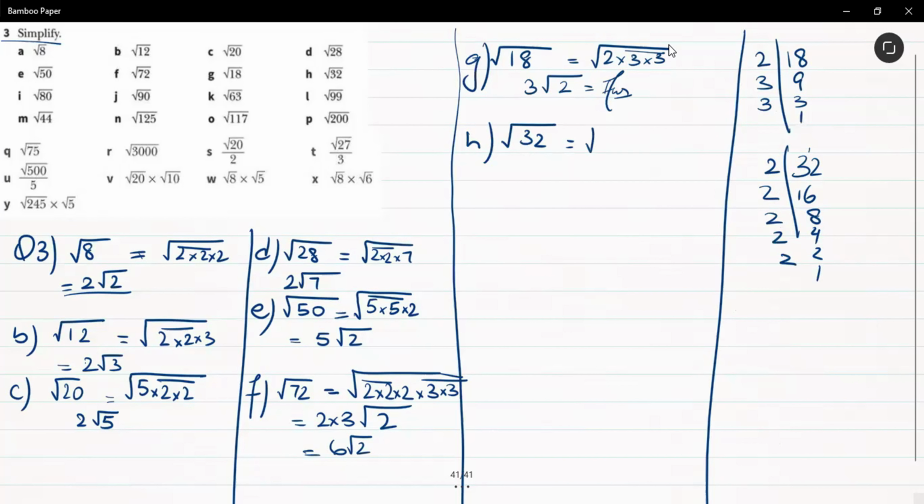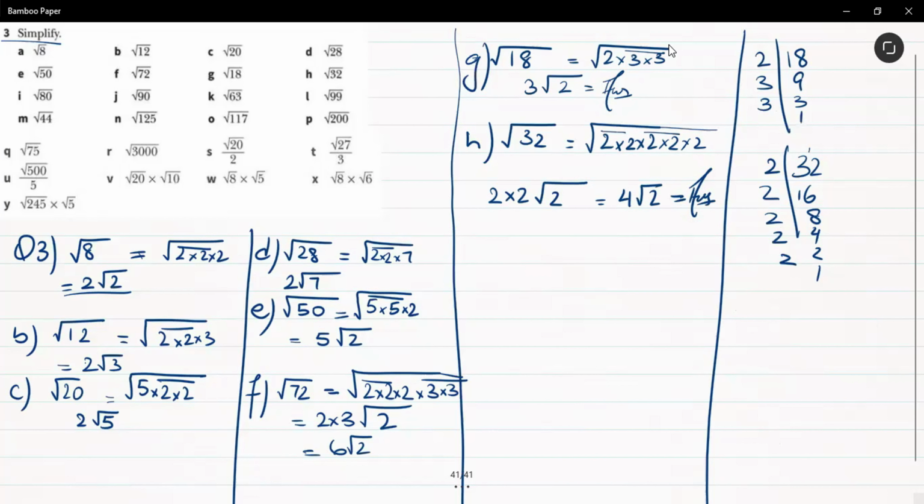Now, under root 32 is equal to 2 multiplied by 2 multiplied by 2 multiplied by 2 multiplied by 2. So a pair here, a pair here. We have two pairs, which would mean 2 multiplied by 2 outside, and under root 2 as a single value. So we would get 4 under root 2. That's the simplest term we can get, and that's it for part H.